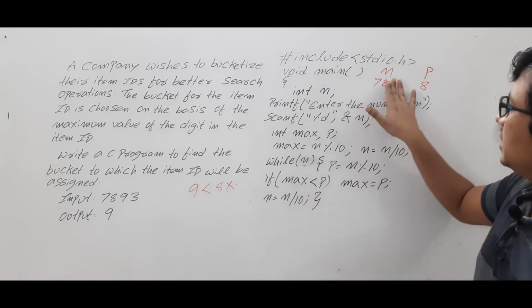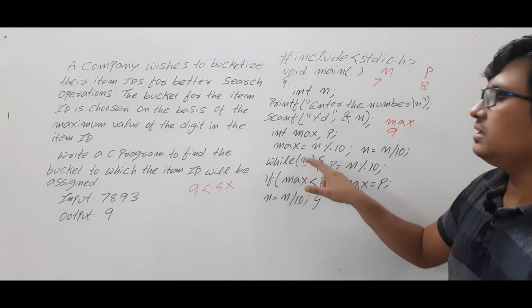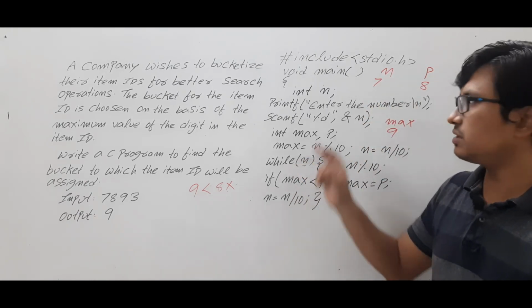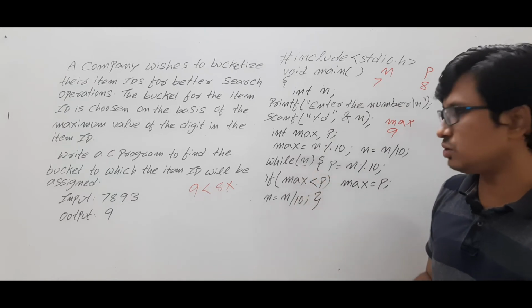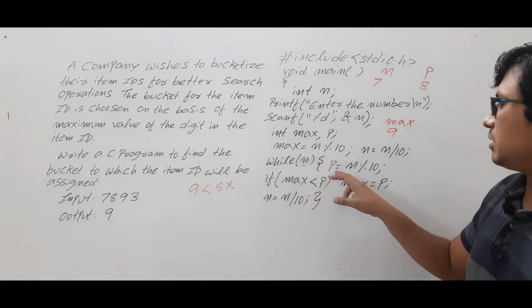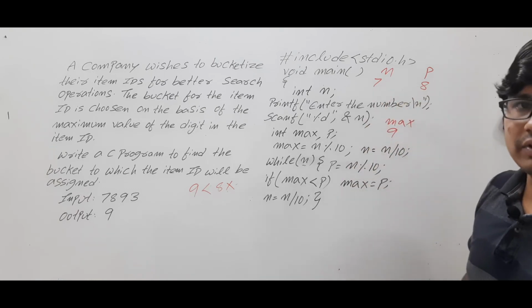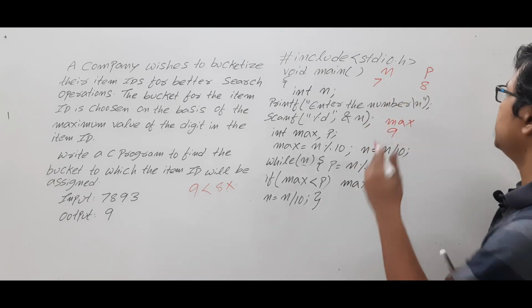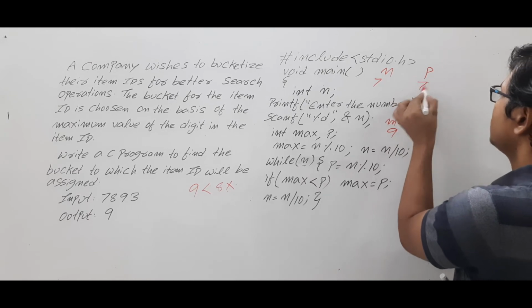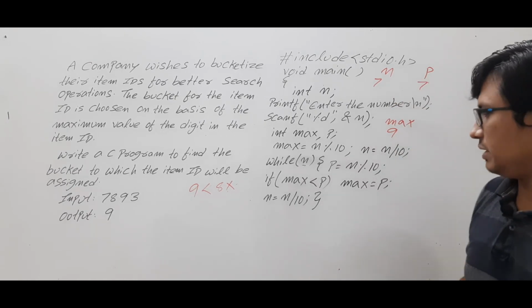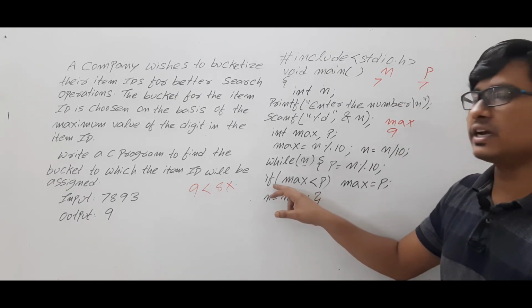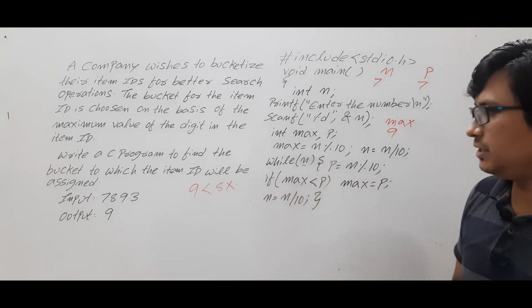78 by 10, you will get 7. While 7, yes, 7 is other than 0, this condition is true. Again you will execute the statements. P is equal to n modulus 10. n is 7, 7 modulus 10, the remainder will be 7, so P will get the value 7. Again you will check the condition: max is less than P or not.